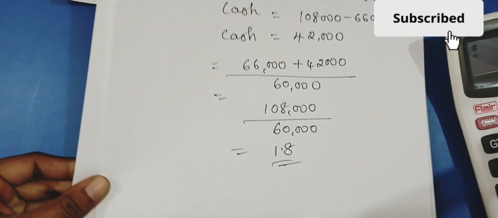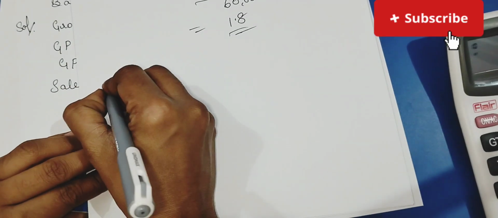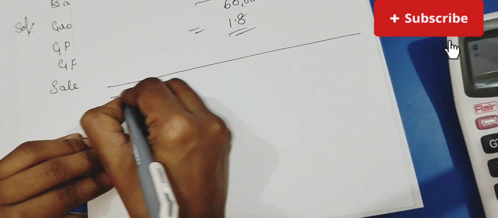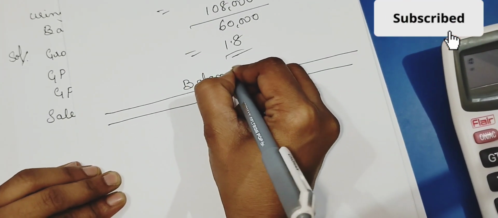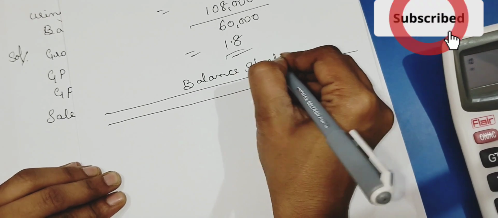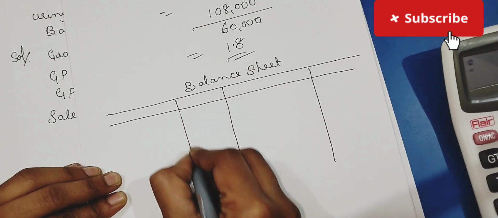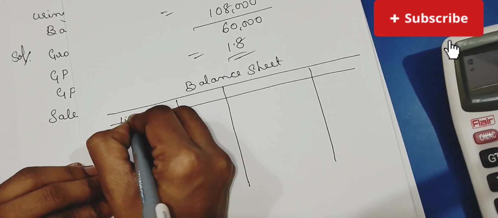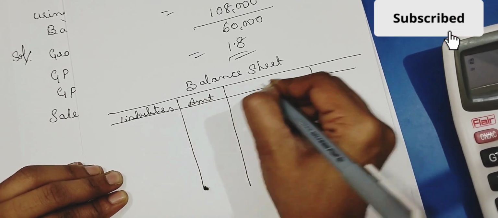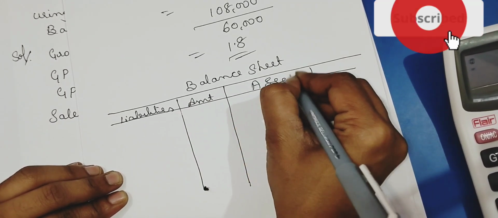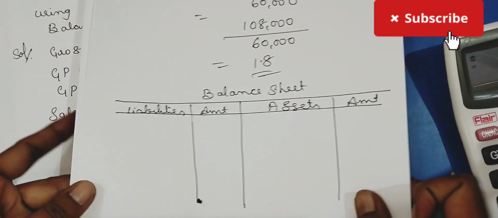Okay. Now let us prepare the balance sheet. Liabilities, amount, assets, amount. Now first, what we have found, right?